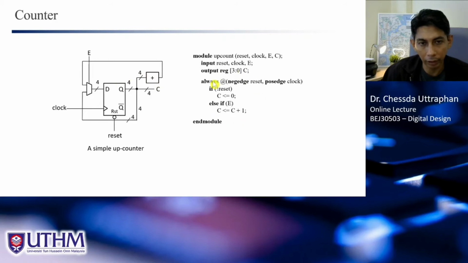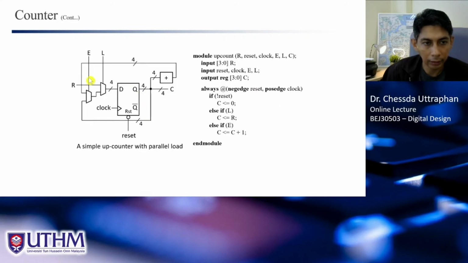So in the Verilog code, it is very easy. And this is another example where we have two multiplexers here. In this case, if reset, of course, C equal to 0. If L equal to 1, this output is equal to R, means that we can load any value into the register.